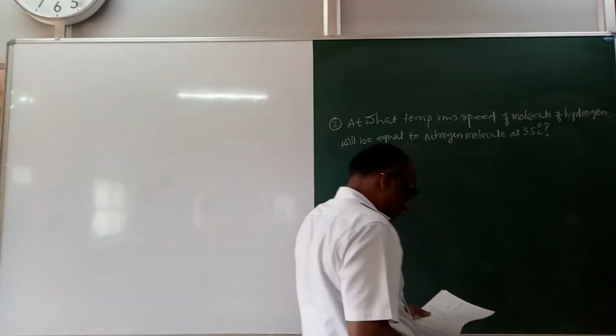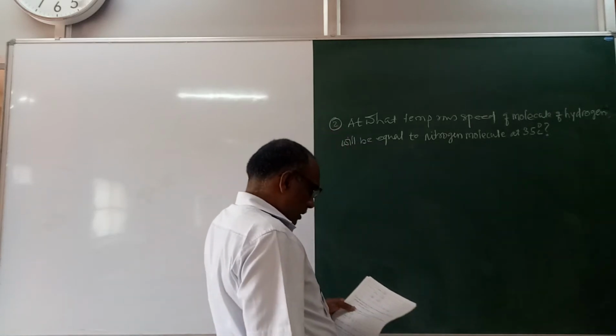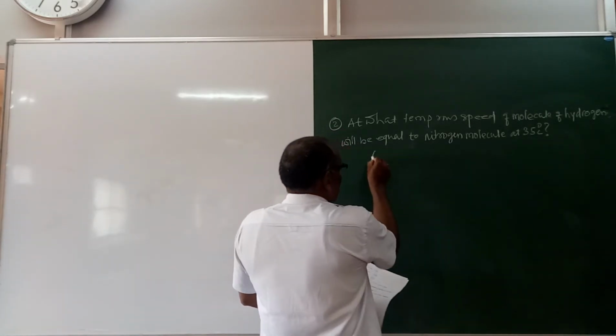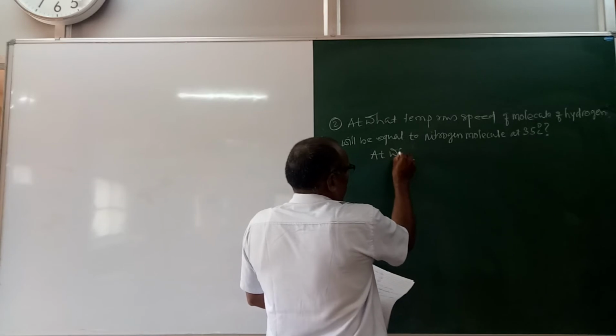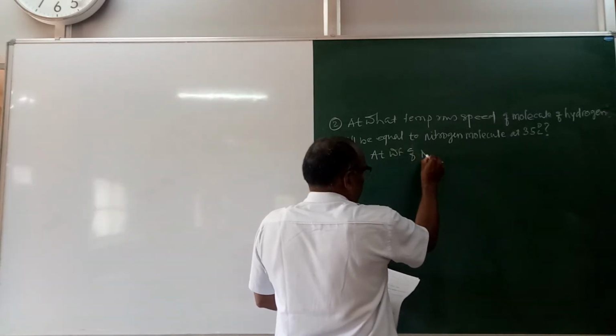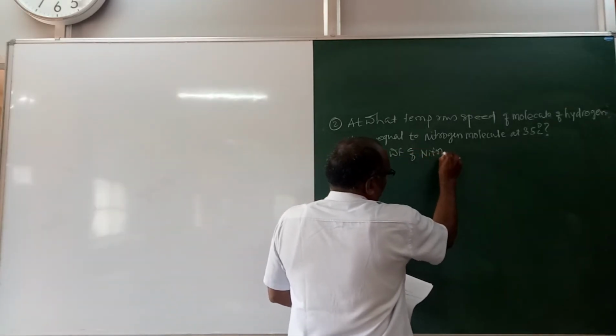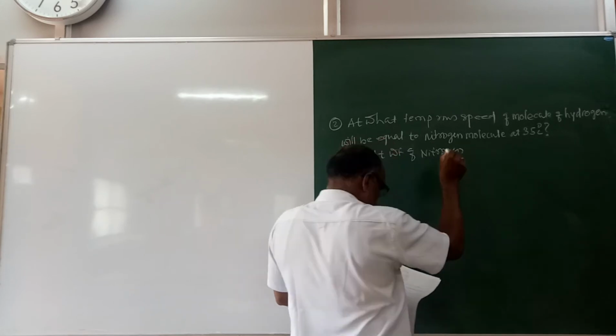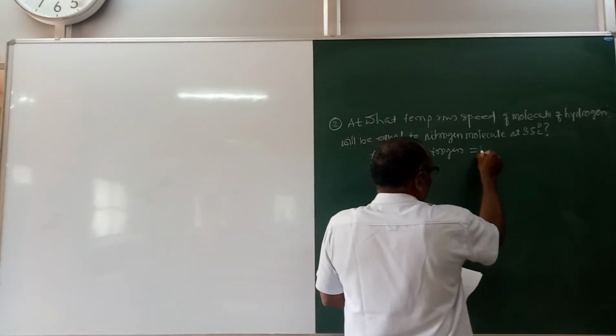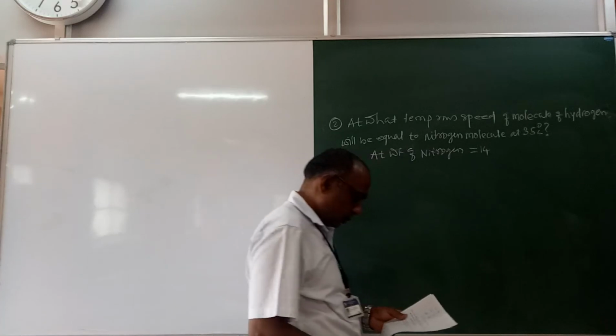The atomic weight of nitrogen is given, that is equal to 14. Similarly, you have to work out this.